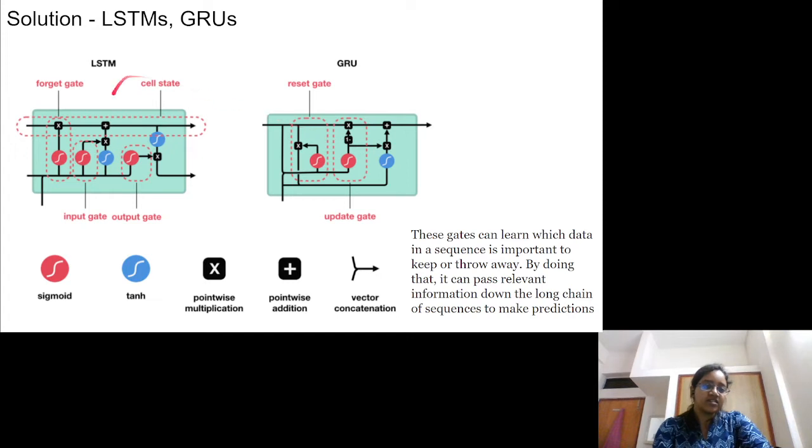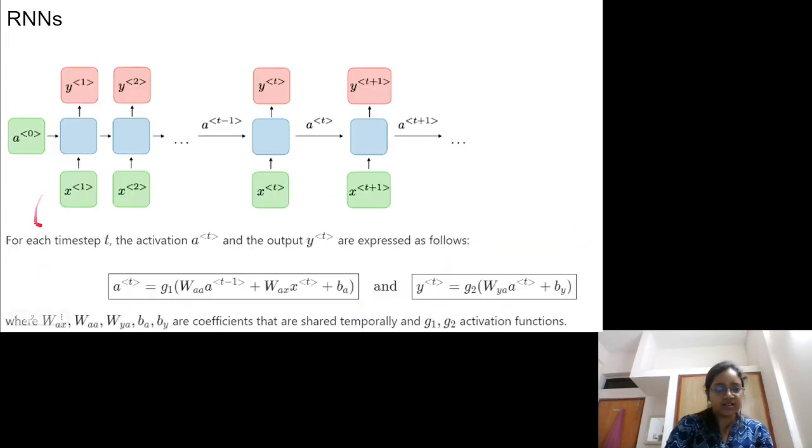Using this cell state and these different gates, which have different functionalities, the network itself can learn what information to preserve and what to throw away. Suppose it learns that the word at time step 1, this x1, is somehow important to process this x20, so it keeps some information from x1 and passes it to x20.